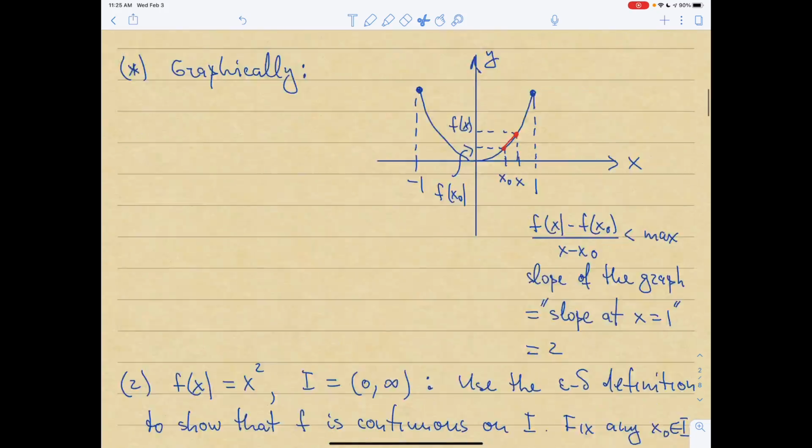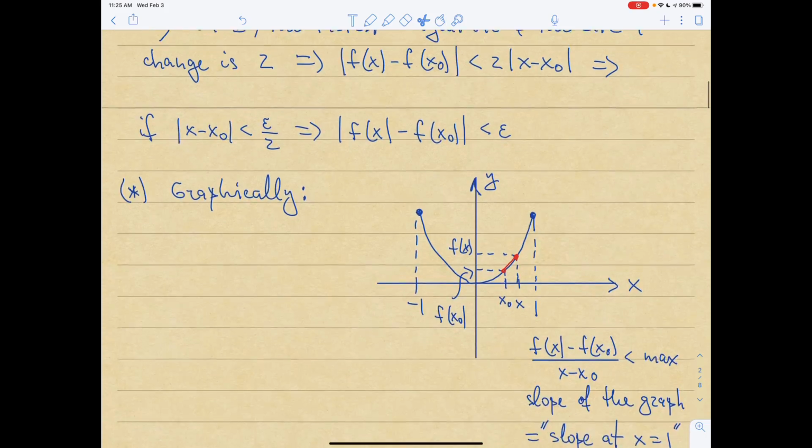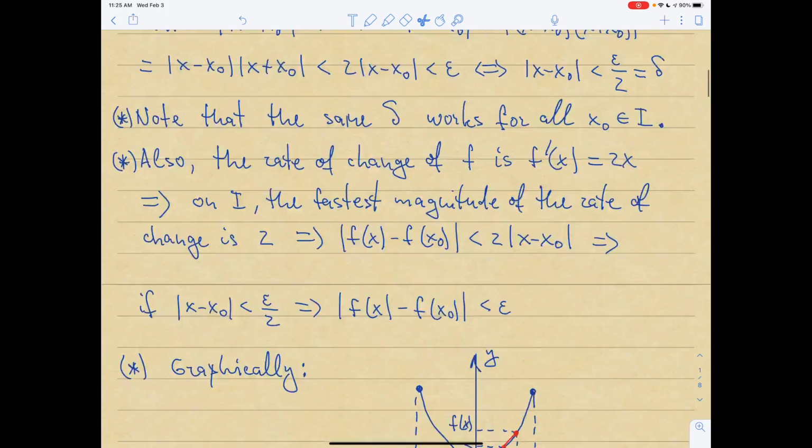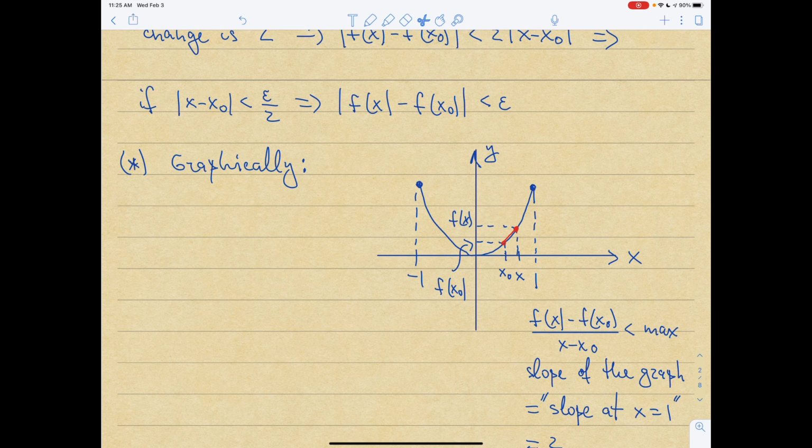And finally, example number 1, where we took a function on an interval from -1 to 1. The function was x squared. In this case, a common delta existed.